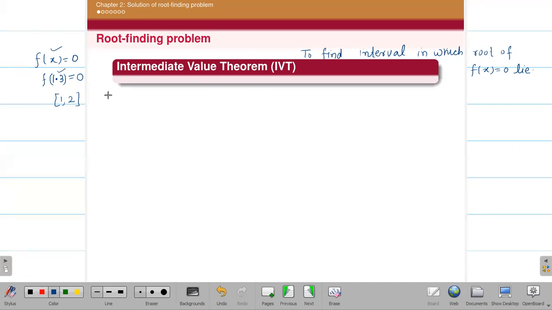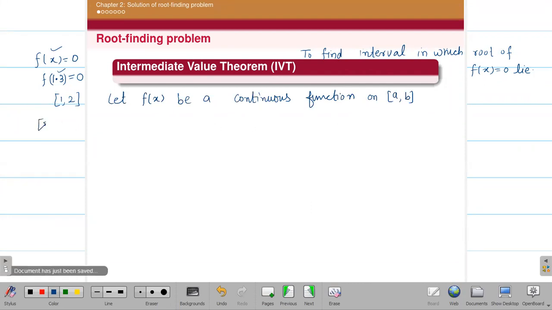So there are some conditions actually. Suppose f of x is equal to 0 is a given equation. So let this f of x, means this is a function, that equation will be given to you. Now we are taking this function only, f of x. It should be continuous, so it is a continuous function on the interval AB. I have randomly chosen any interval AB.